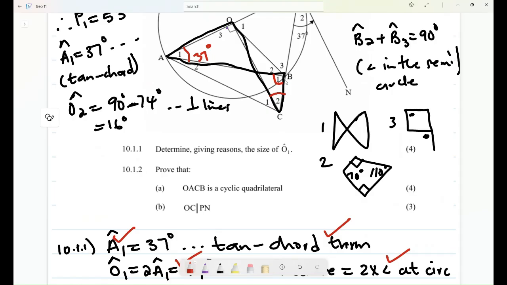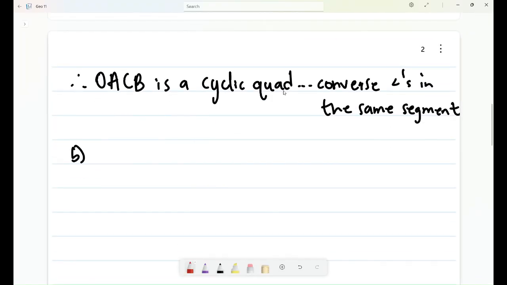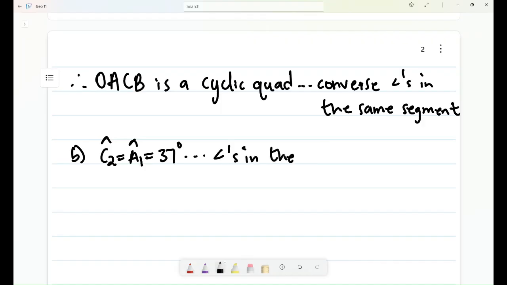So we're going to say angle C2 is equal to angle A1, which is equal to 37 degrees. Why? Angles in the same segment.